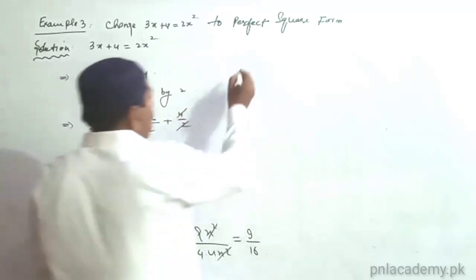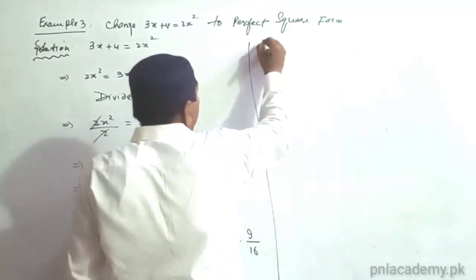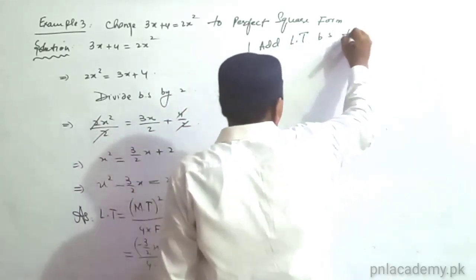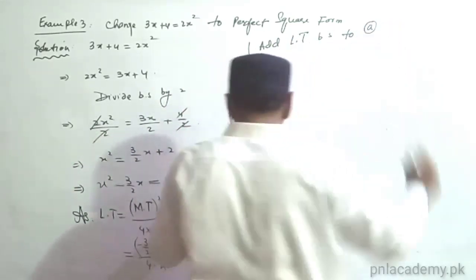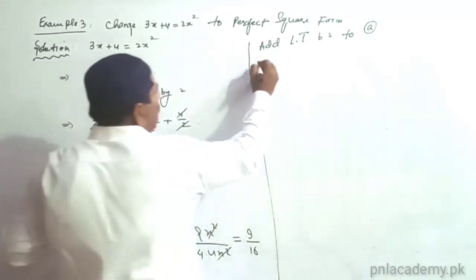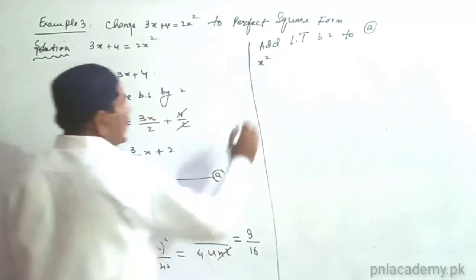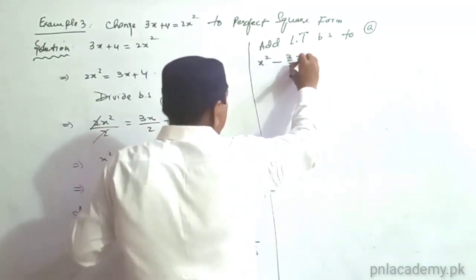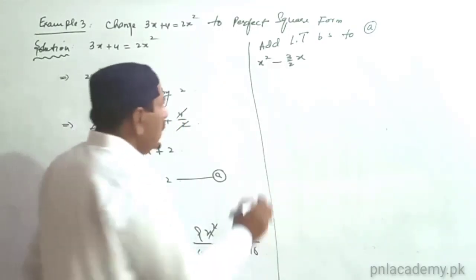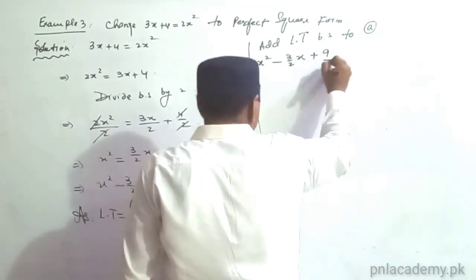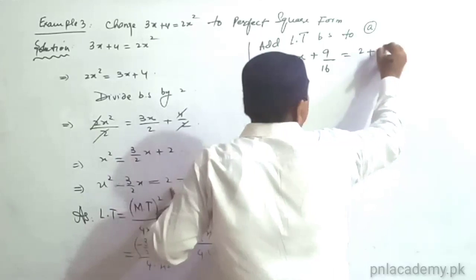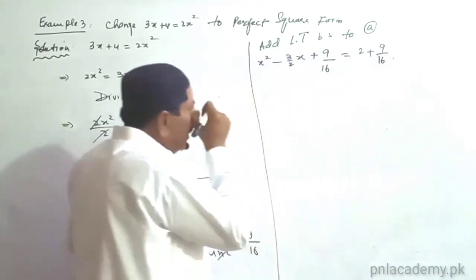So the condition is that we add the last term to both sides of A. So this will be x square minus 3 upon 2x, after the addition of the last term, plus 9 upon 16, is equal to 2 plus 9 upon 16.